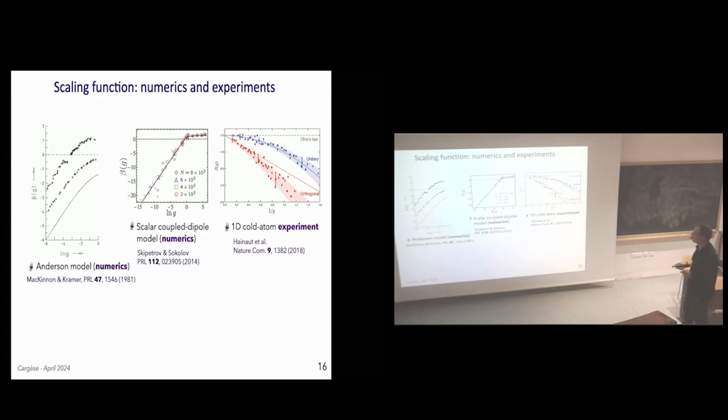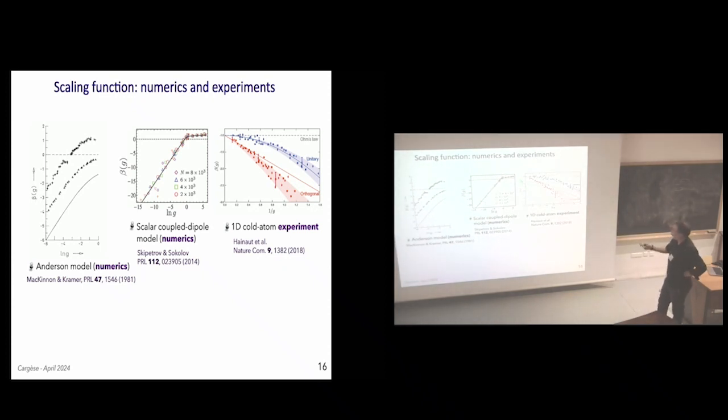The first computations were done mostly in the Anderson model. Here I show you the historical calculation, done in 1981 by MacKinnon and Kramer. The solid curve is the beta function in 1D, which is known exactly. I showed you the formula before. In 2D and 3D, these are numerical calculations.